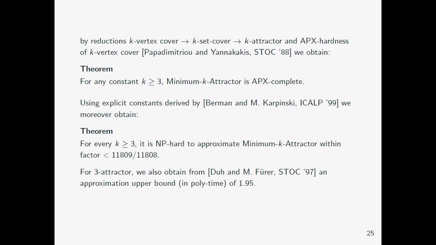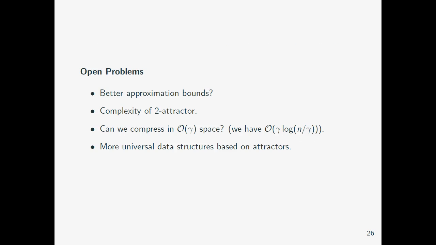We show that below some constant, which is ridiculously close to 1, it is NP-hard to approximate the minimum k-attractor within this constant. And we also obtain good approximations using approximation algorithms for k-set cover. For example, for 3-attractor, which is NP-complete, we get a 1.95 approximation.